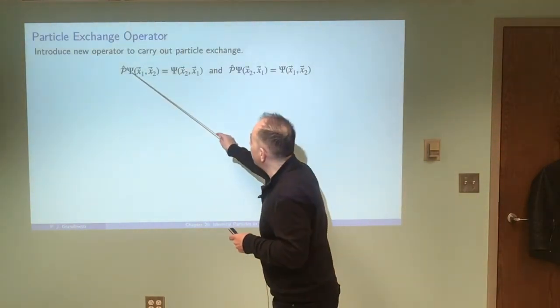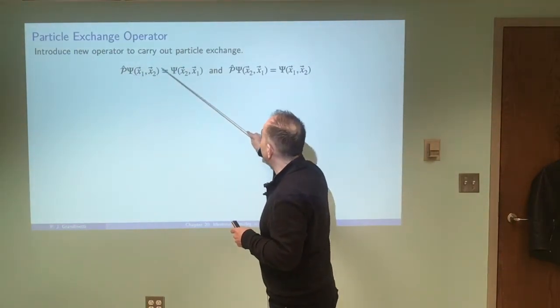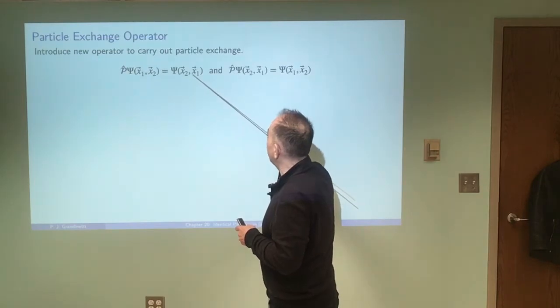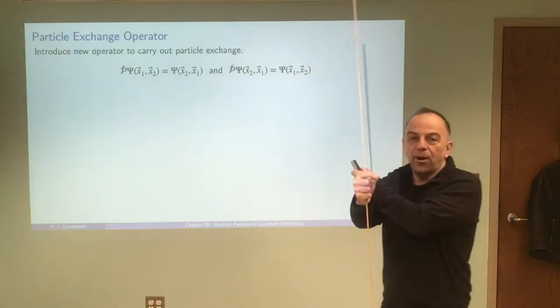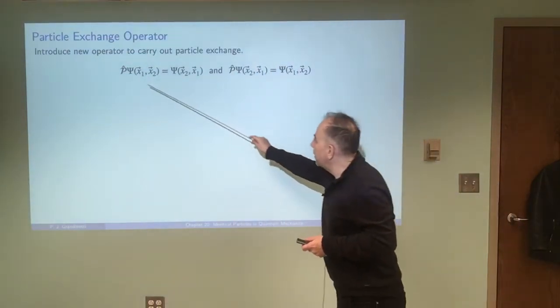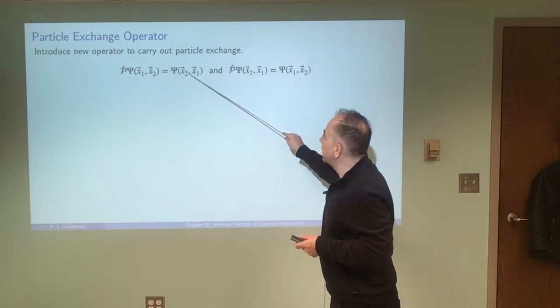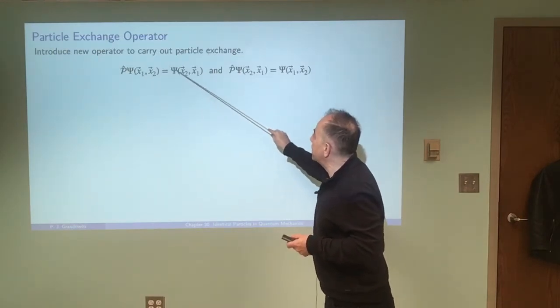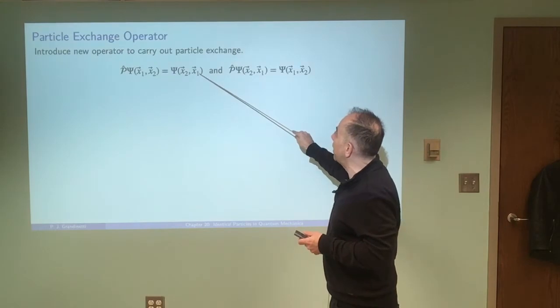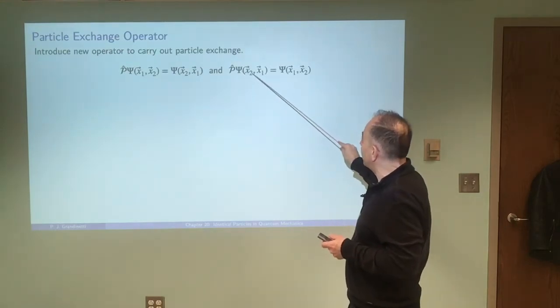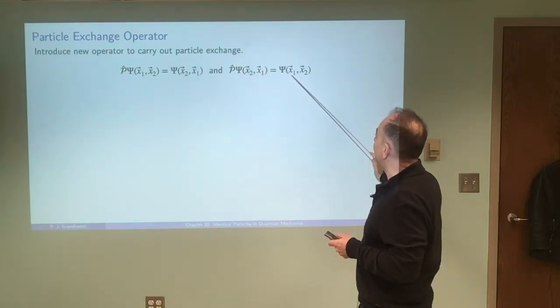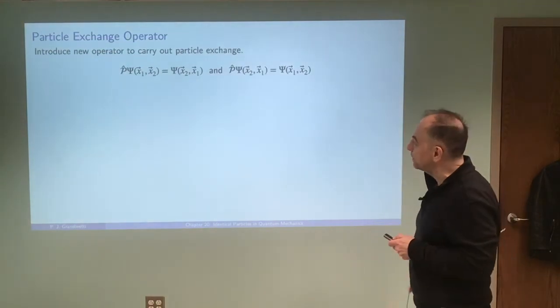What it's going to do when it operates on the wave function is convert it into the wave function where we've swapped the particles. So P on the wave function with x1, x2 gives me the wave function back with x2, x1, and P on that wave function with x2, x1 gives me back the wave function with x1, x2.